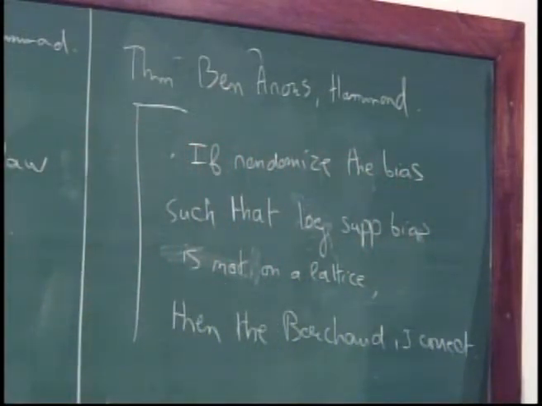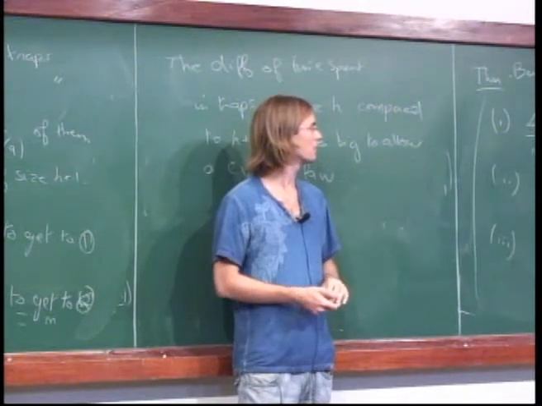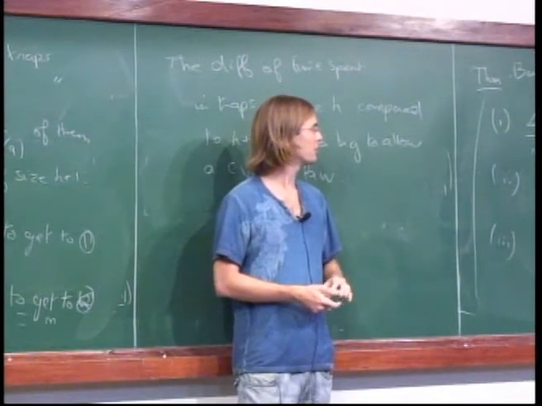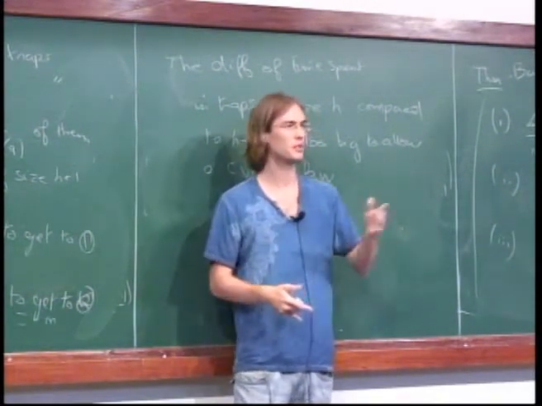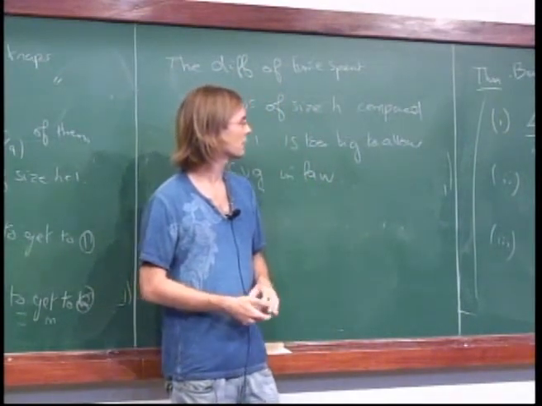So a lot of these links between the Bouchaud trap model and random walks in random environments were initiated by ideas that Gérard got from spin glasses.